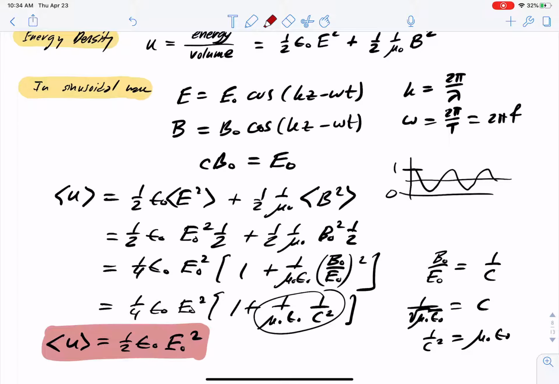Very nice result. It stems basically from this, and this just comes out of nowhere for you because we didn't solve the equation. But this always ends up being true for electromagnetic waves.